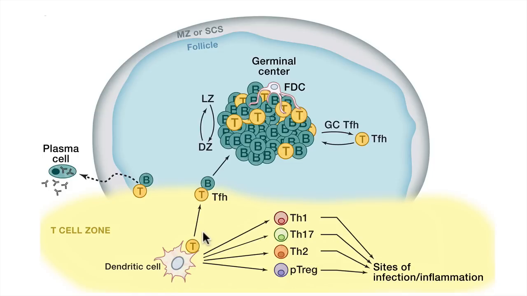And we also know that ICOS ligand signaling is important early on for dendritic cell T cell interactions that drive TFH differentiation. Part of that initial signaling, where the dendritic cell provides TCR signaling, ICOS ligand and IL-6, all of that results in upregulation of BCL6 and CXCR5 and other molecules that are key parts of early TFH differentiation.